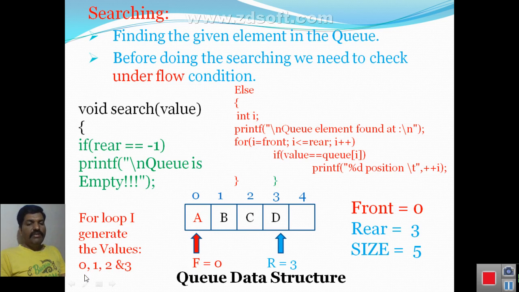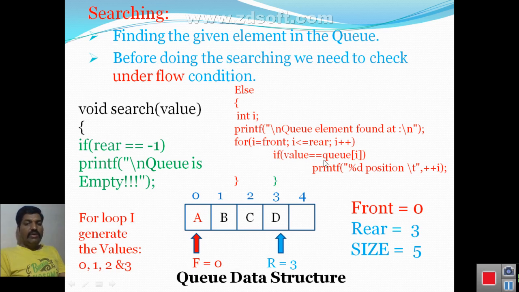For each value generated by the for loop, the body is executed that many times. Inside the body of the for loop, if value equal to q[i], where i is 0, 1, 2, 3. Suppose the input value provided is D. Initially i equal to 0.